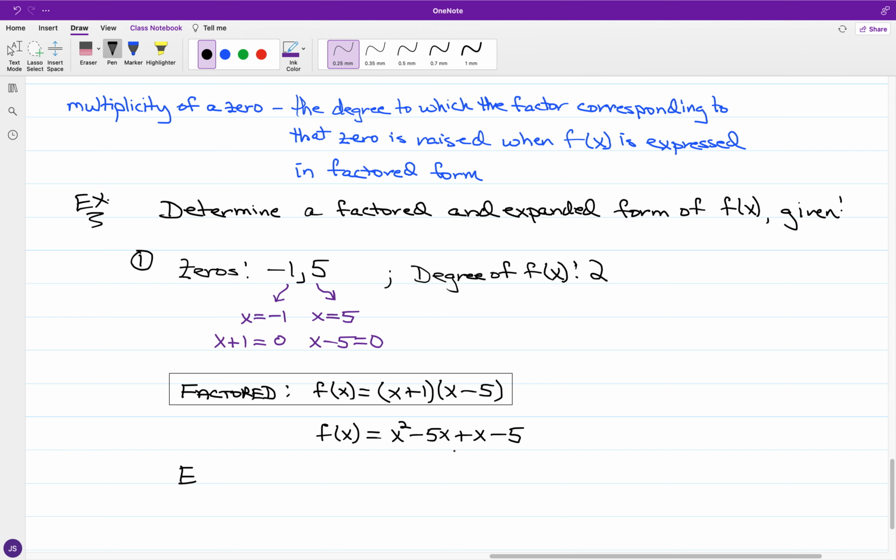And combining the like terms in the middle, okay, so we have an expanded form. It's going to be where we have f of x is equal to x squared minus 4x minus 5.